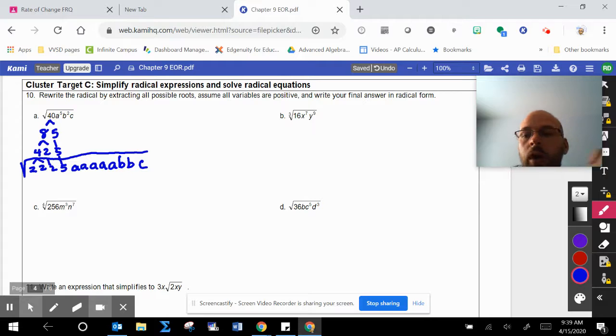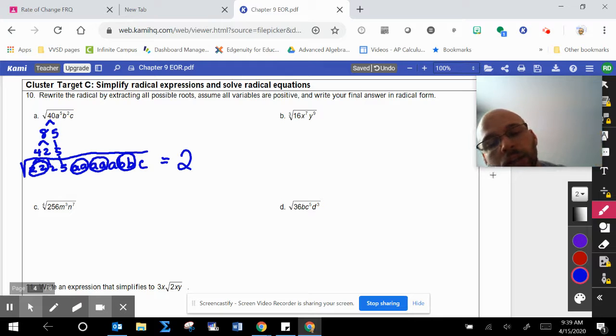Now, because it's a square root, I'm looking for groups of 2. Okay, so if you do this, I have a group of 2 2's, I have a group of 2 A's, I have another group of 2 A's, and I have a group of 2 B's. All right, so if I try to reduce this radical, what I can do is take a 2 out front, because I had a group of 2's. I had 2 groups of A's.